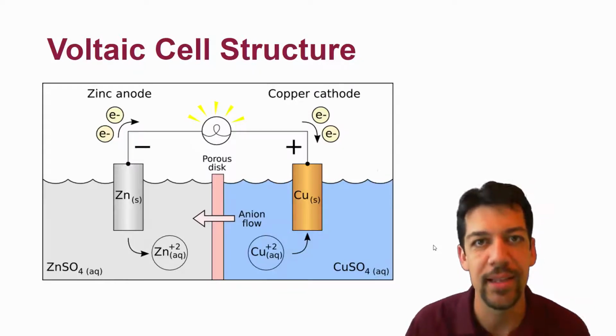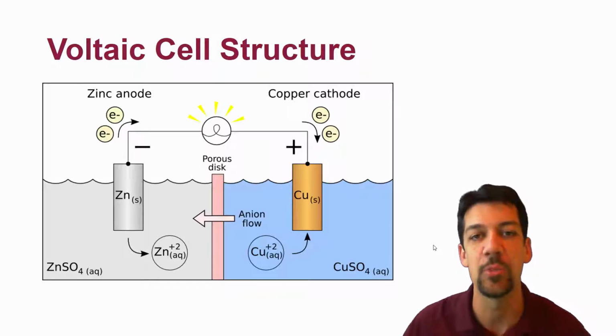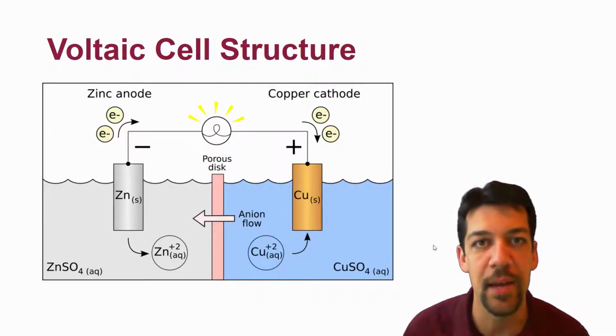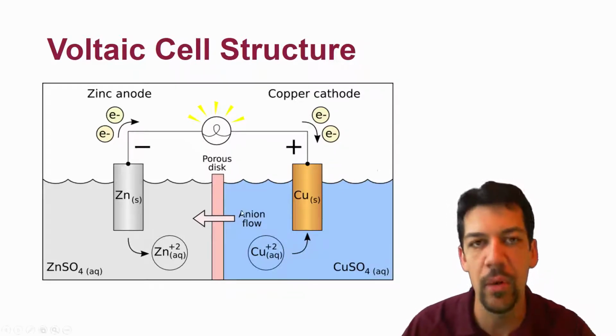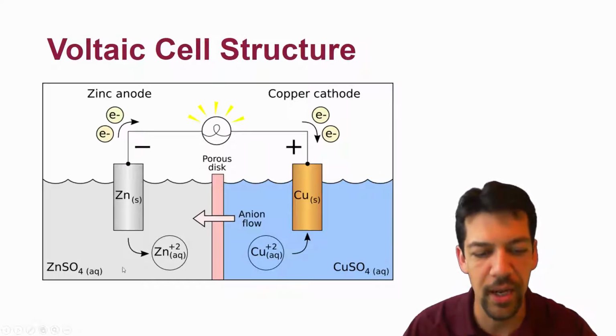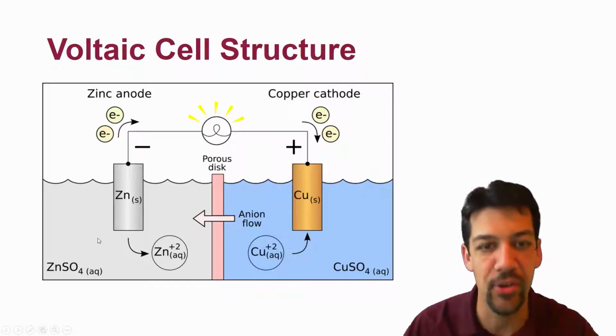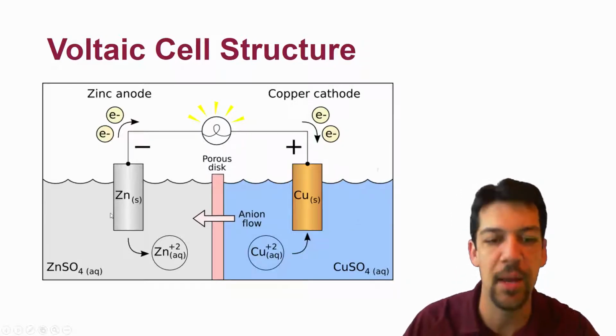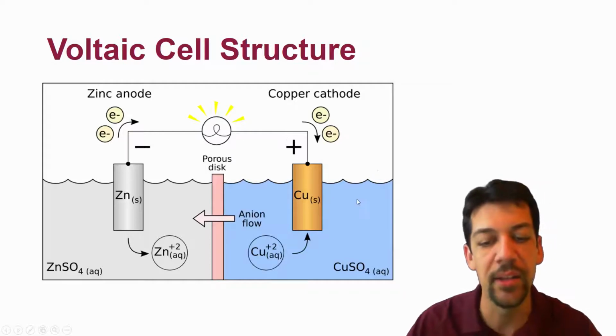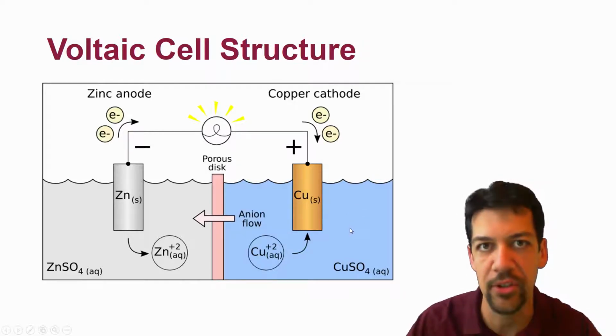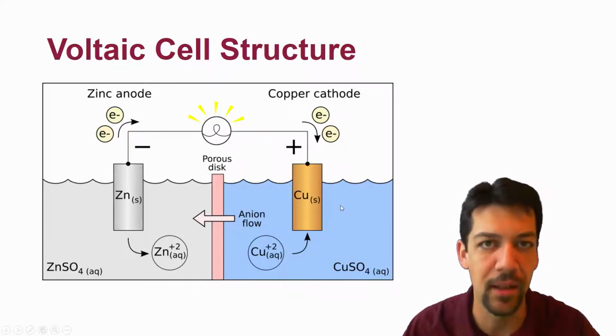So the current, the electric charge that's being transferred, is part of the chemical reaction that's happening. Usually we have two chemicals. One is an electron donor and one is an electron receiver. On one side we have an oxidation reaction that produces electrons, and on the other side we have a reduction reaction that's accepting electrons.